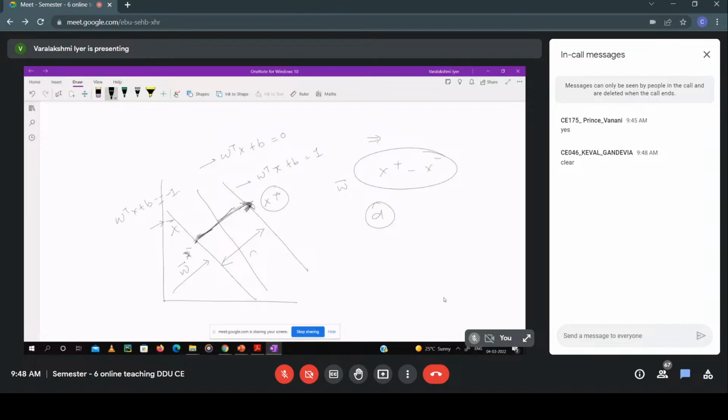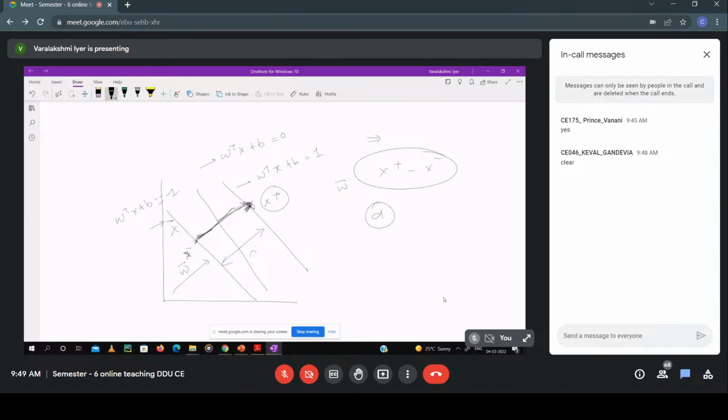Now, suppose we project the vector that we have created from x negative to x positive on this vector w, then, as we saw, if we project a vector a on vector b, the result is the dot product between these two vectors, which is ultimately a into b upon the magnitude of b.